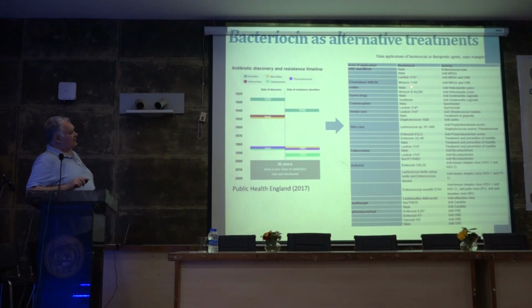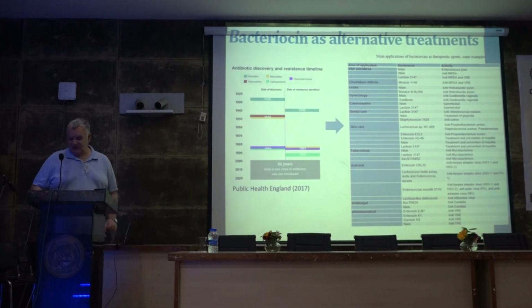We already have application of nisin and lacticin for treatment of some MRSA or vancomycin resistance. In the case of treatment of Clostridium difficile, we have multicin, and nisin as well, but generally multicin. All these: dental care, contraceptive, skin care, tuberculosis, antiviral, antifungal, different pharmaceuticals, different bacteriocins with different applications.